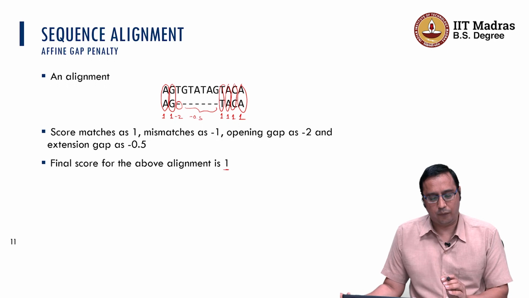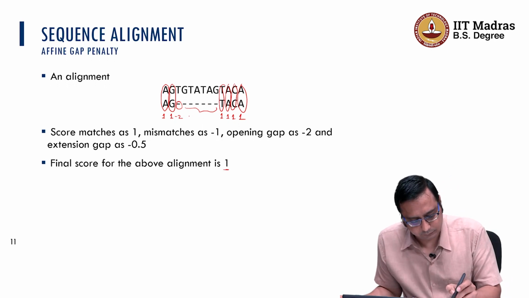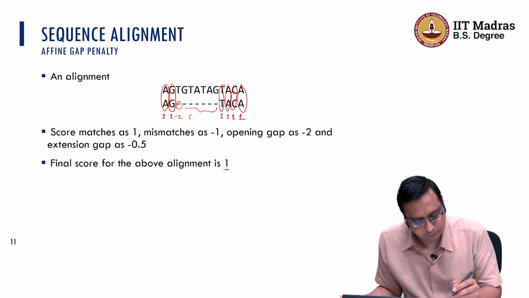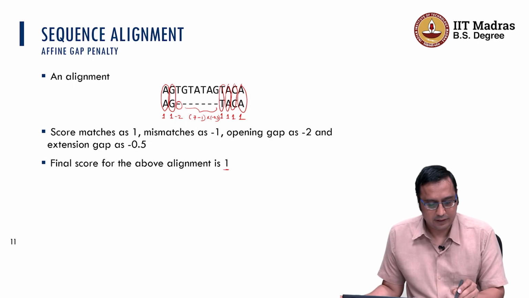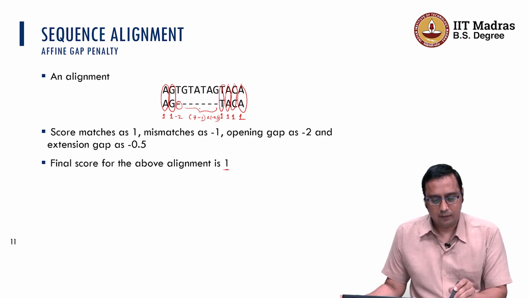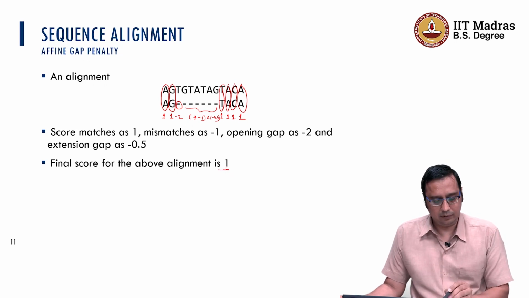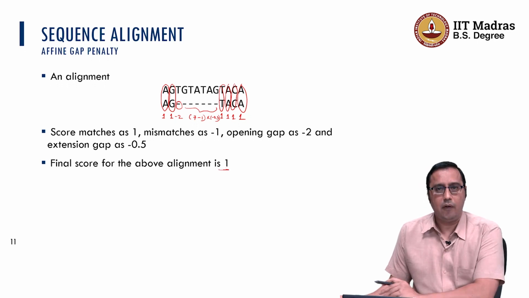And the summation of all this together, so I have a 6, 7 minus 1 into minus 0.5. That's the score for these extension gaps. And if I sum them, the alignment score will be 1.